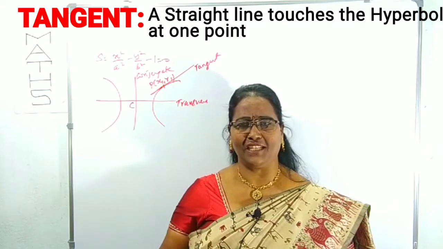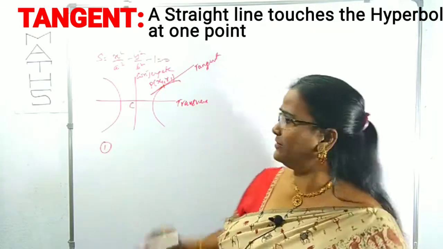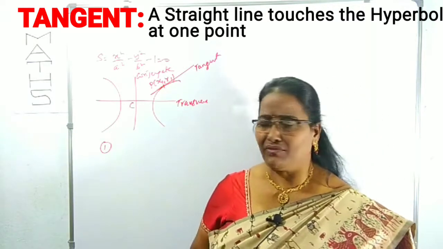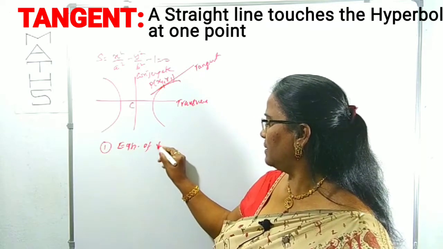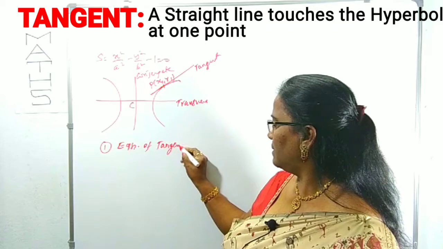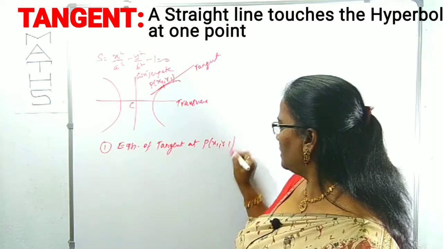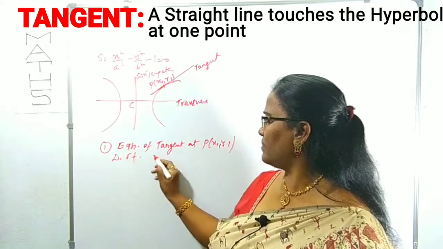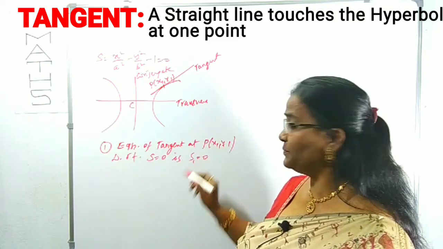Now we can find the various equations of tangents. The definition is clear. First of all, you have to know the equation of the tangent at some point x1, y1 with respect to the hyperbola, which is denoted as S1 equal to 0.